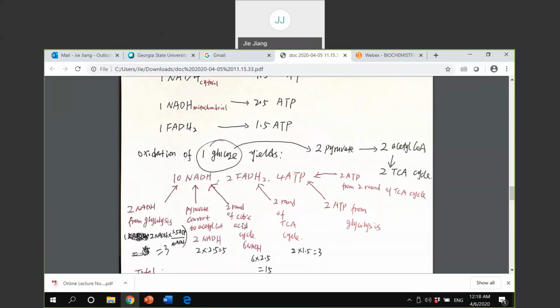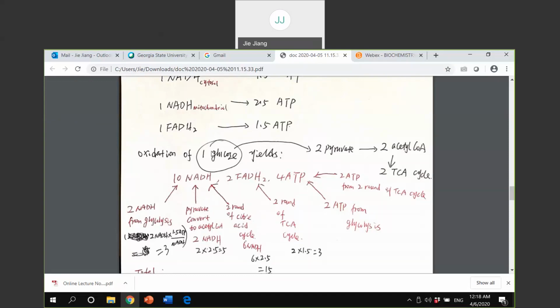Each citric acid cycle will generate 3 NADH. So each round generates 3 NADH, and 2 rounds will generate 6 NADH.